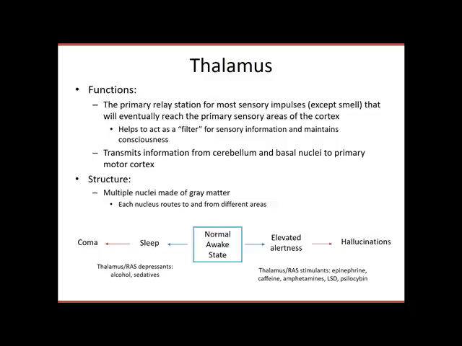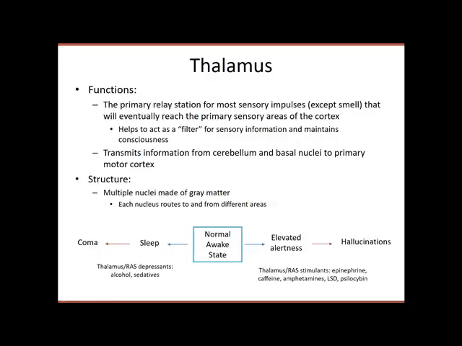So if you vastly increase your sensory input and vastly increase your cortical activity, you will get hallucinations. But hallucinations in coma are abnormal, alright? Mostly we're varying between sleep and elevated alertness with our thalamus.